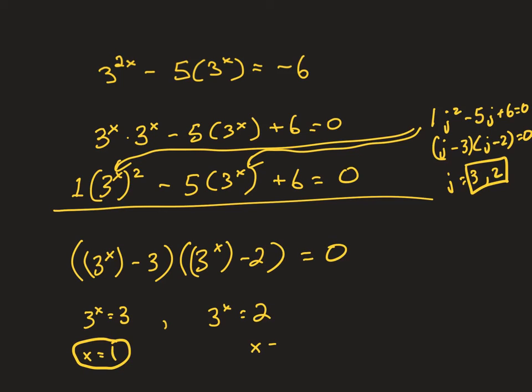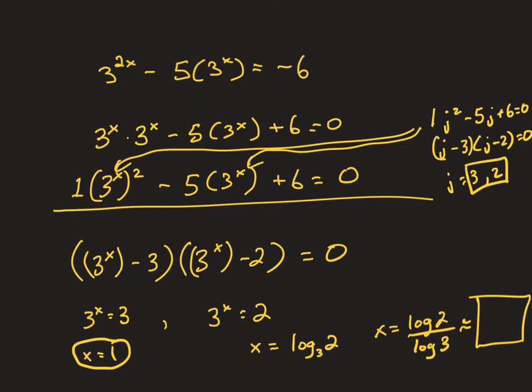So you're going to get x equals the log base 3 of 2. If your calculator doesn't do that type of thing, you could just say x is equal to the log of 2 over the log of 3. I don't know what that equals, but I'm sure you could pull that off. All right, hope that helped.